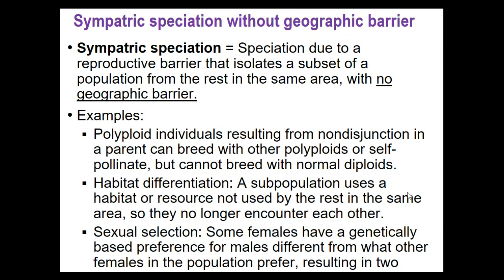And some examples. One example of this is what has happened in some plants. Plants are just like animals, like us, in that there are diploid individuals, that is, they have two sets of chromosomes.